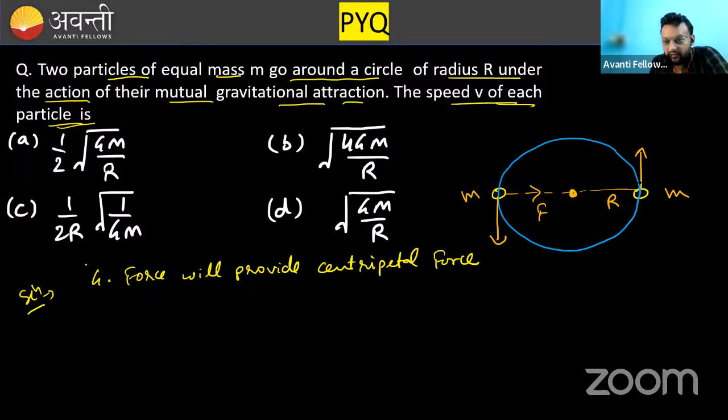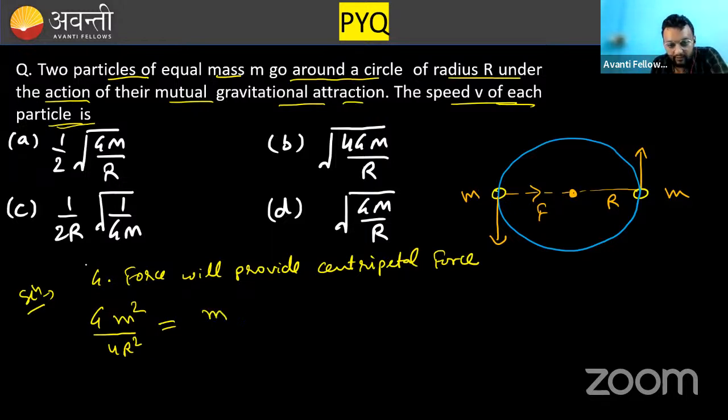What is the gravitational force between these two masses? It is G times the product of masses, m squared, divided by the separation between the two masses. R is the radius, so the separation will be 2r, and squared that is 4r squared. You know the formula, G m1 m2 upon r squared. This force is the necessary centripetal force.